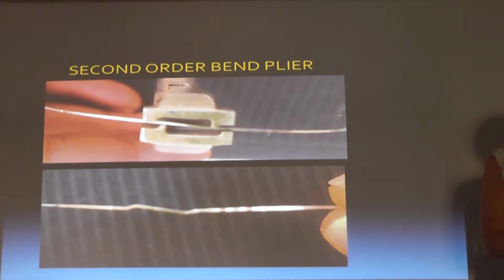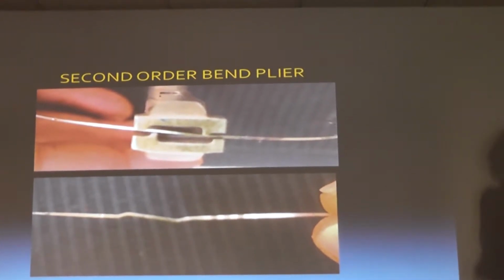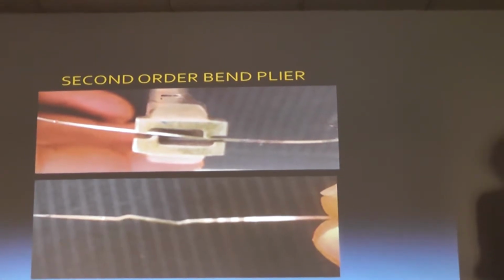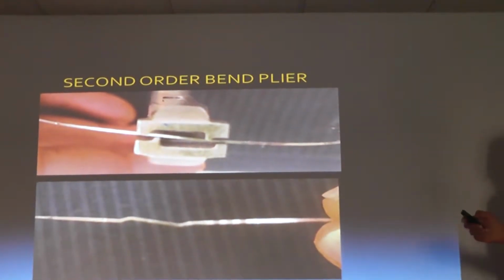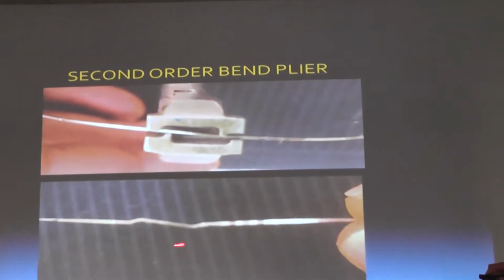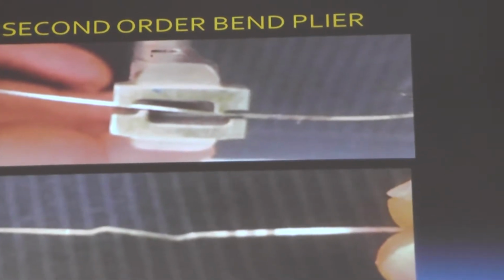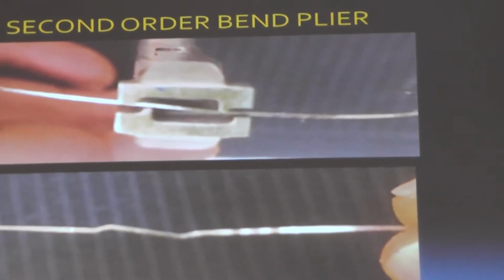For this, there is a second order bend plier, and if you press this plier, you get bingo. This is a second order bend. Very fast and very easy.